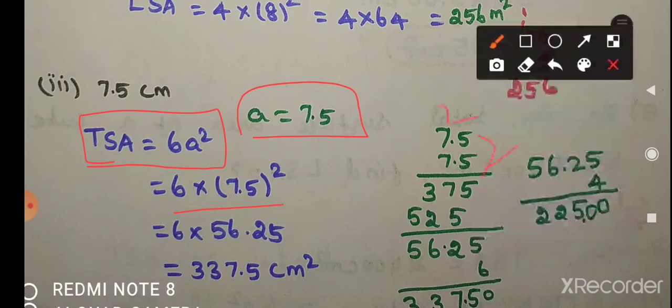Then 5 into 7 is 35 plus 2 is 37. Then 7 into 5 is 35 as it is, 5 here, then here 3. 7 sevens are 49 plus 3 is 52.